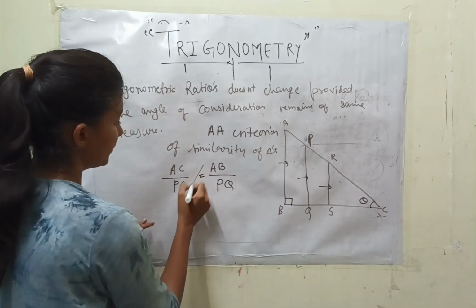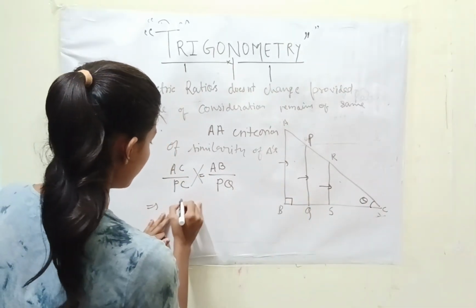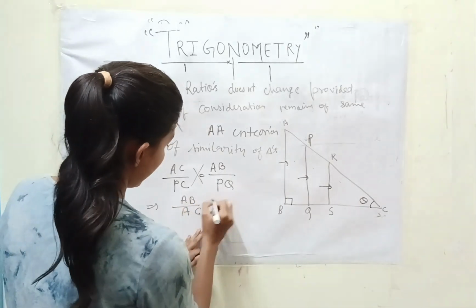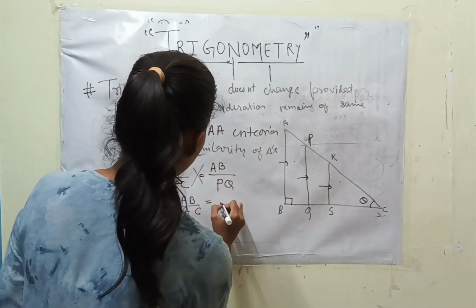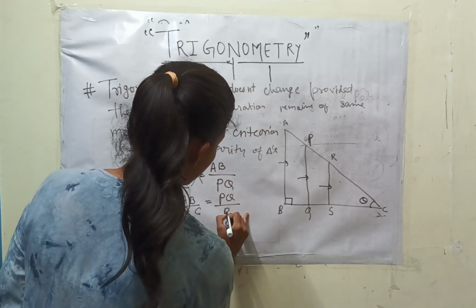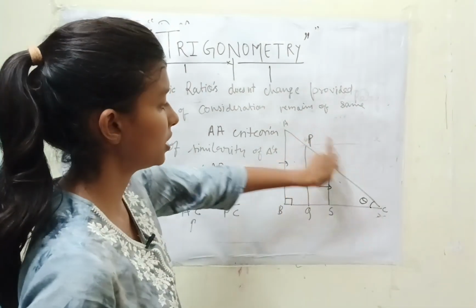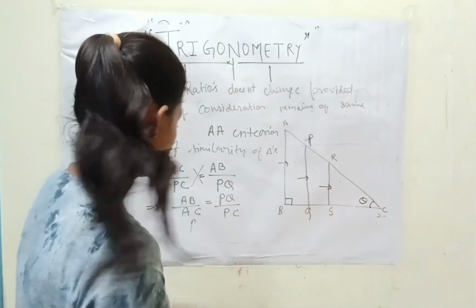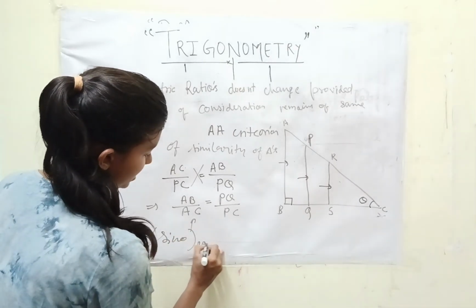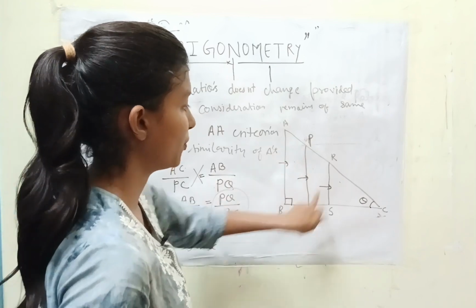From here, if you cross multiply, this is AB upon AC and this is PQ upon PC. What is AB upon AC? It means perpendicular upon hypotenuse. This means sine theta for the triangle ABC. And what is PQ upon PC?